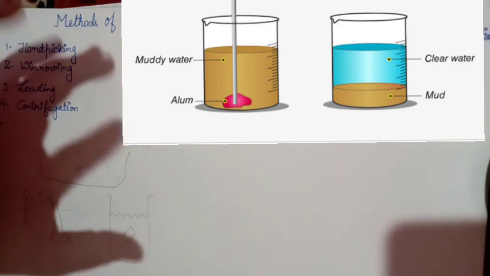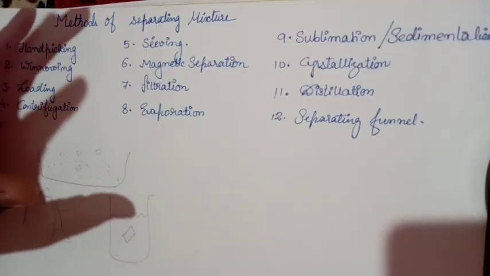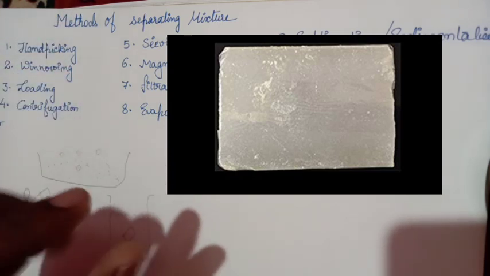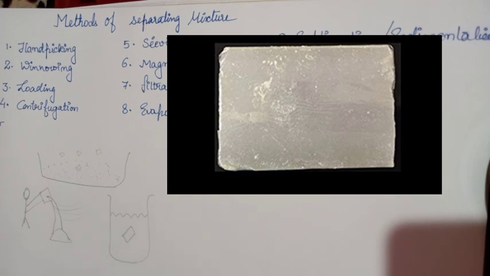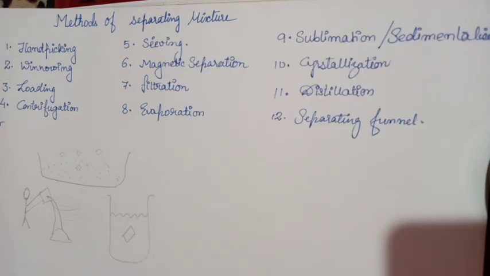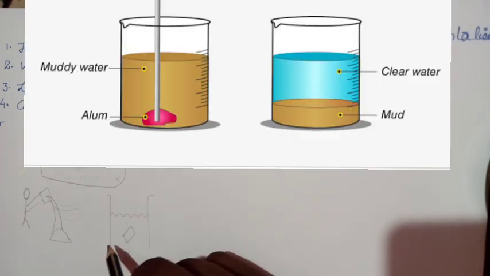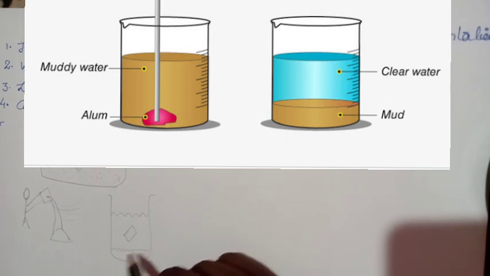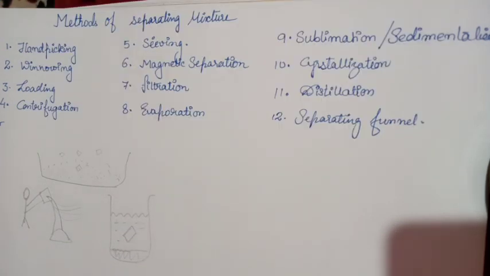Alum is basically a white kind of stone that maybe your fathers use on their face after shaving. They put the alum, and this alum helps the mud to settle down in the beaker, and we get fresh clean water. This is known as loading.